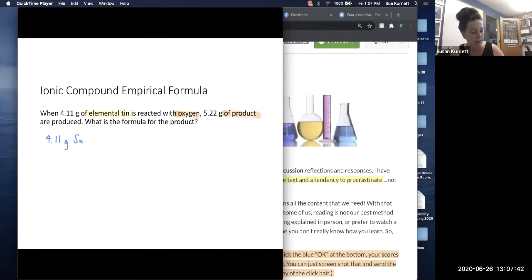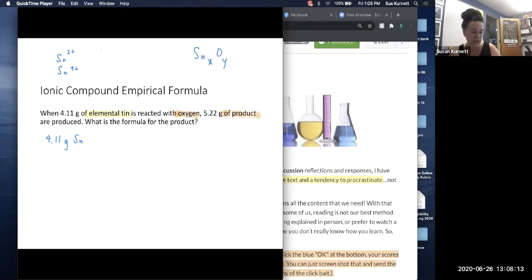We know that tin forms two kinds of ions. It can be tin-2, or it could be tin-4. But this is the kind of experiment that they did to figure out that those are the two ions that were possible. So this product has tin, some number of those, probably 1, to oxide, some number of those.